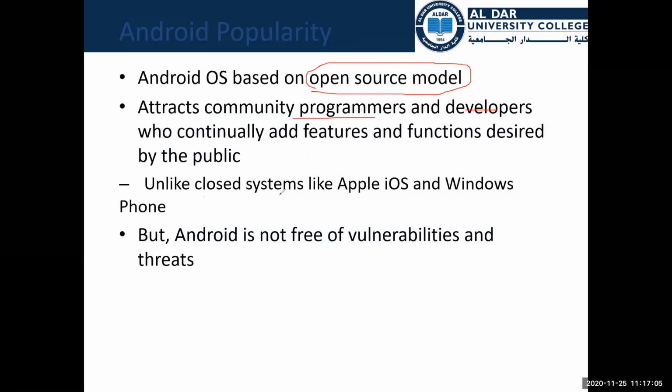Also, we have closed systems like the Apple operating system, Apple iOS, or Windows phones. They are closed systems, meaning only the developers from the company, not from the public, inside the company. This is closed systems.